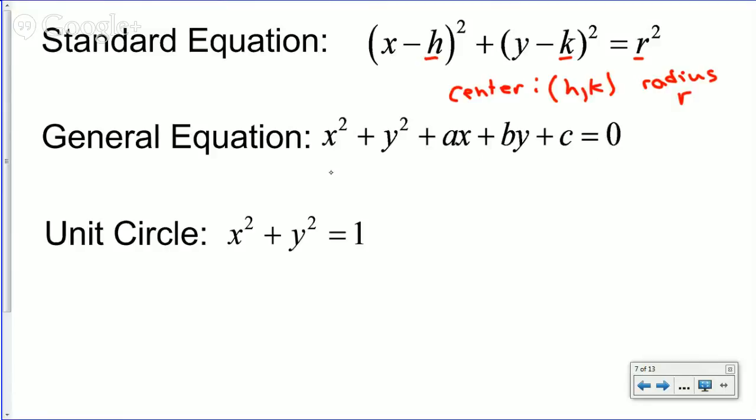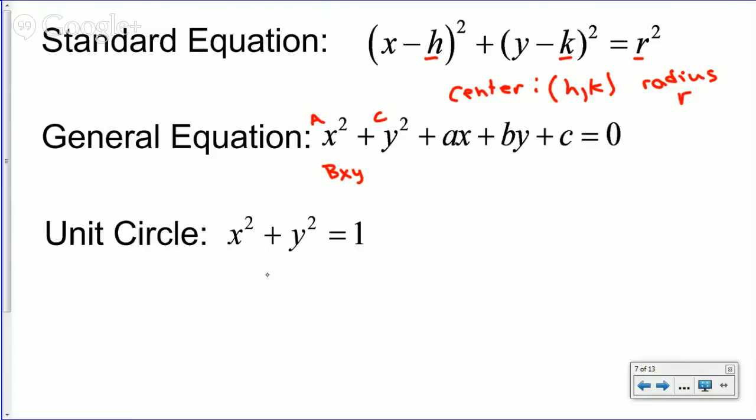Remember, we can get this from the general conics equation. Here was your A and your C, and notice I don't have an XY, which was your B. And that's where I got those A equals 1, B equals 0, C equals 1.